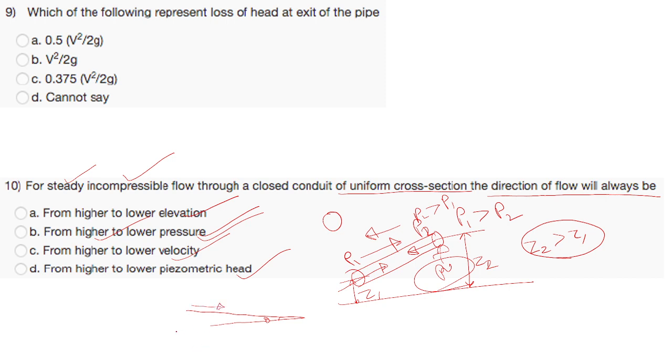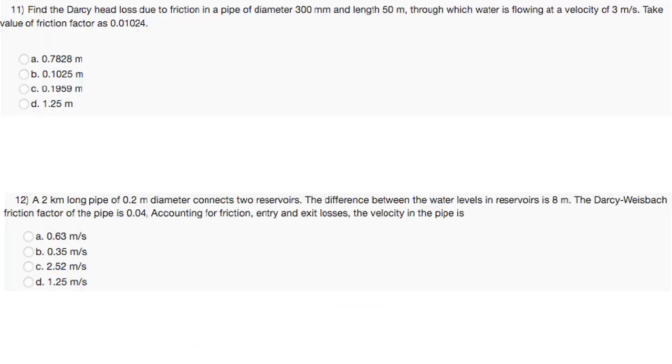If you draw a horizontal line, here the height is more, here the height is less, so water will flow from this side to this. Always remember. Again, this is the formula. Always know that the head loss formula is 4fLV square by 2gD. Based on that, you will calculate.